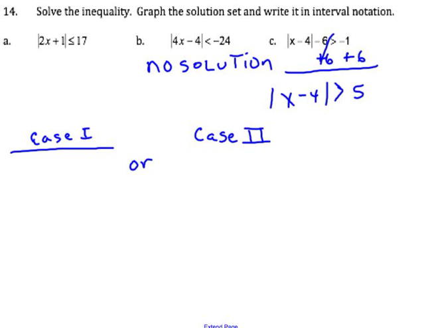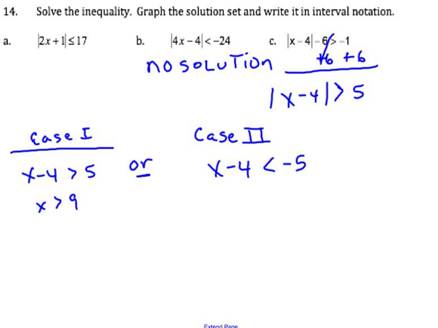So my first case is always exactly what's in the absolute value sign without the absolute value signs there, and exactly the signs I already had. So I am solving x minus 4 is greater than 5. I add 4 to both sides, and of course I have x is greater than 9. Or, for my second case, I have what's in the absolute value signs, change the direction of my inequality, change the sign of my number.